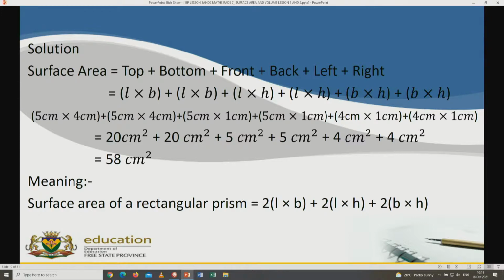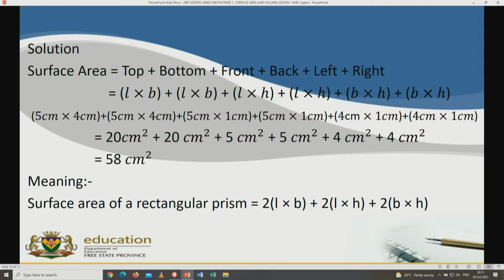Now just like we did with the cube, when we are looking at the surface area, in mathematics we are trying to make things look shorter and simpler. Our conclusion from what we did up there: the surface area of a rectangular prism.